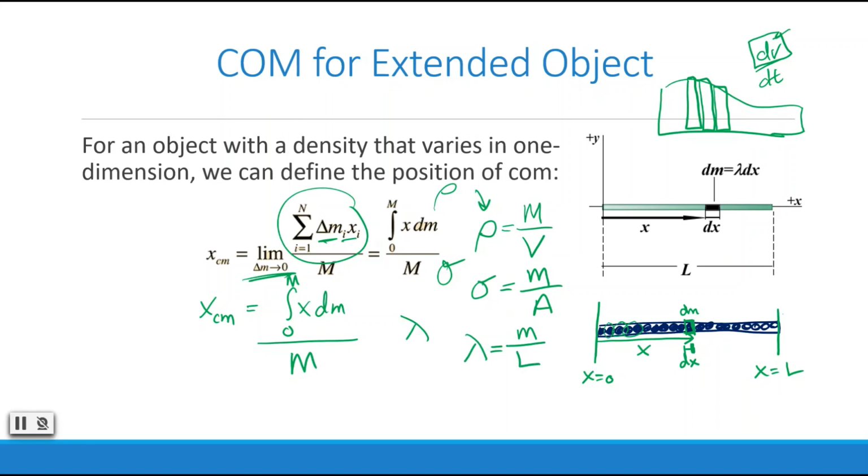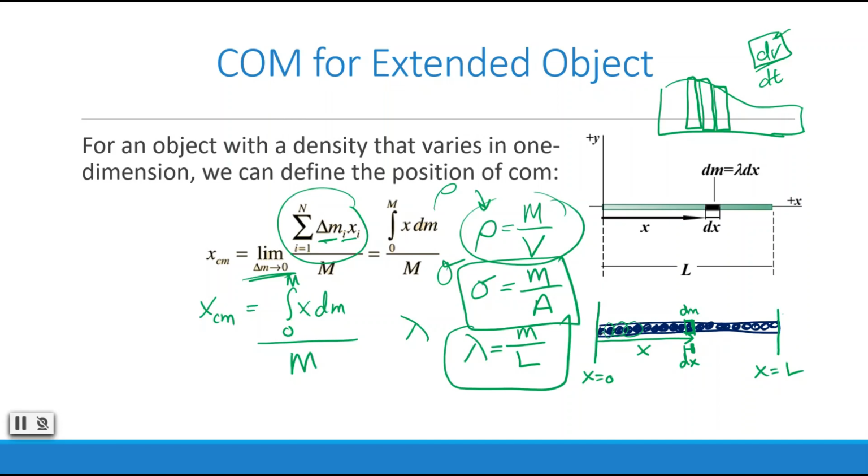Now, these definitions of density work for different types of objects. So most objects we would use volume density for, but if say you had, think of a piece of paper. It's very, very thin, but it has X and Y dimensions. That's where we might use something like the area density. Well, with this linear mass density, we use this for things that can generally be considered to be one-dimensional.